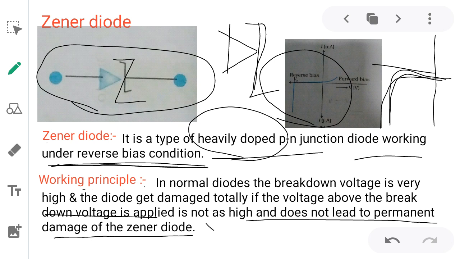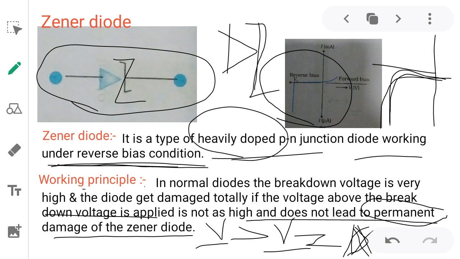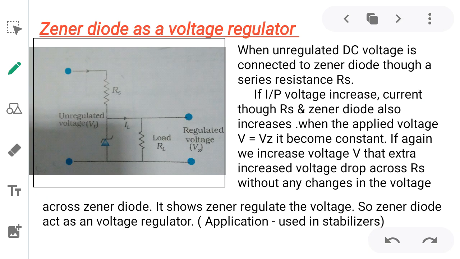In a normal diode, when applied voltage is greater than the breakdown voltage, the diode gets damaged. But the special characteristic of the Zener diode is that even though the applied voltage is greater than the breakdown voltage, it is not permanently damaged. Because of this special characteristic, Zener diode acts as a voltage regulator.